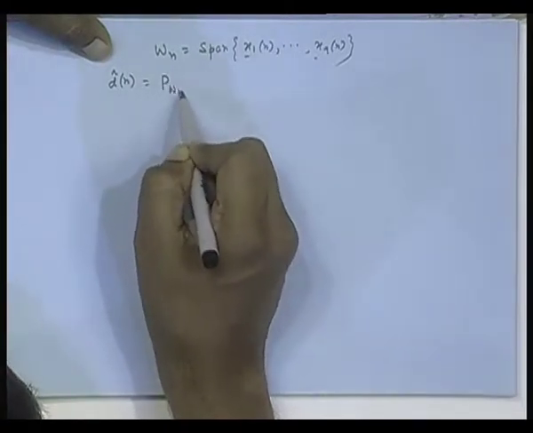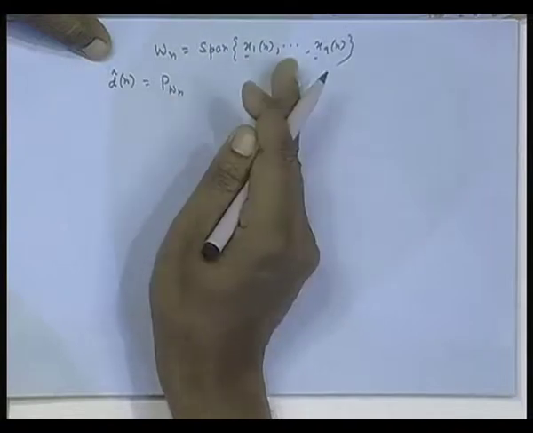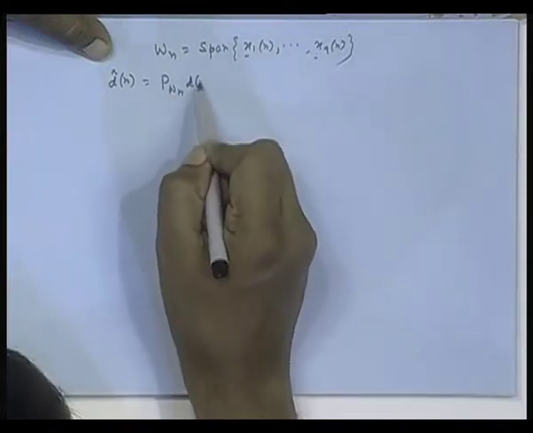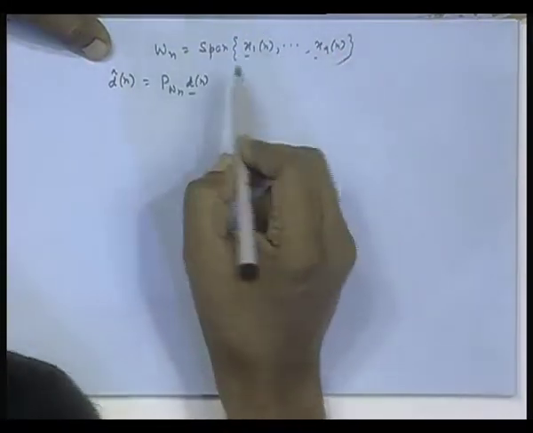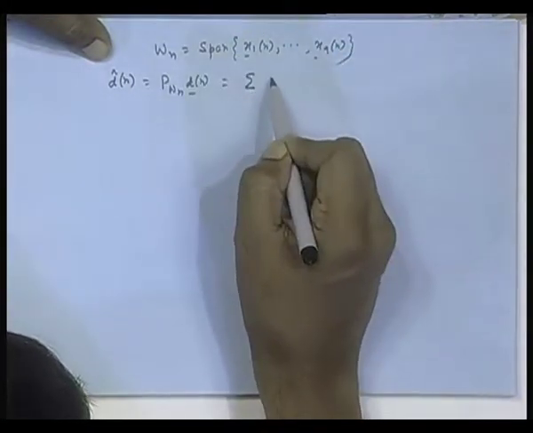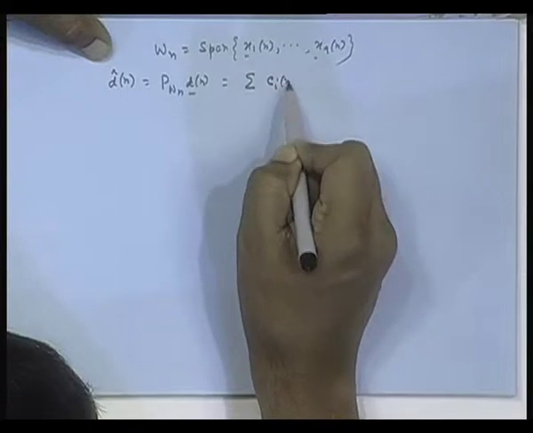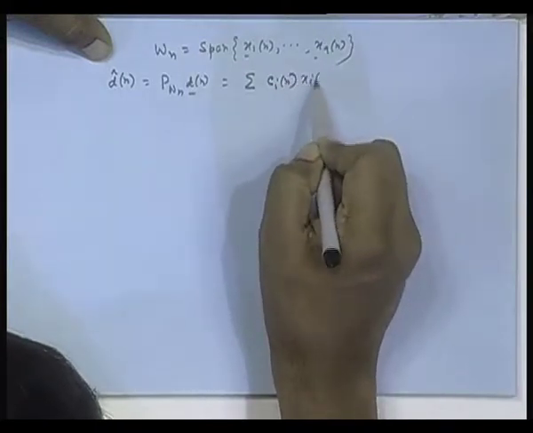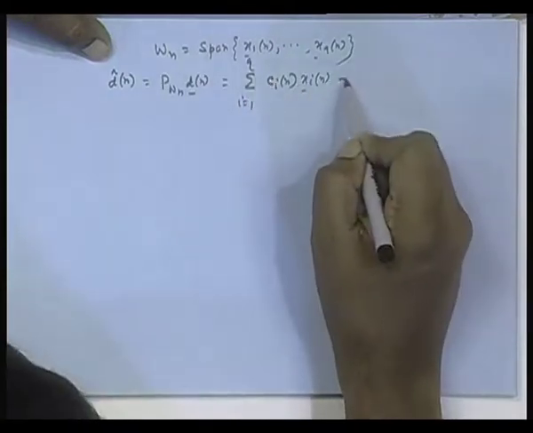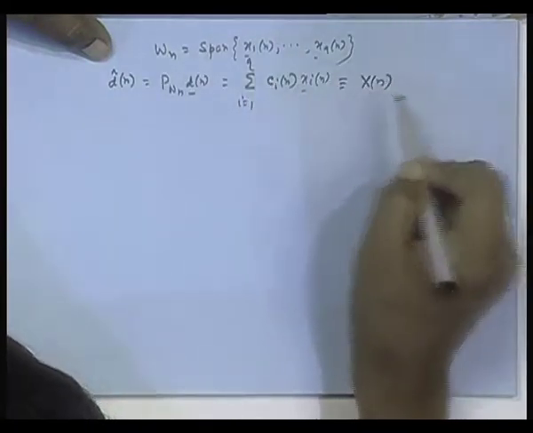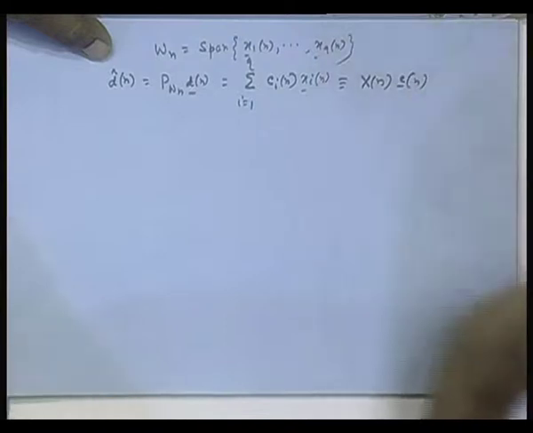So I can consider Pwn as the orthogonal projection operator for this space, working on dn. That is what I want to find as a linear combination of these elements, or equivalently xn cn. This is what you want to find out.